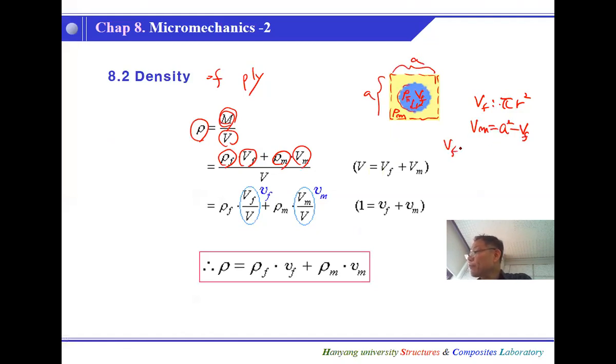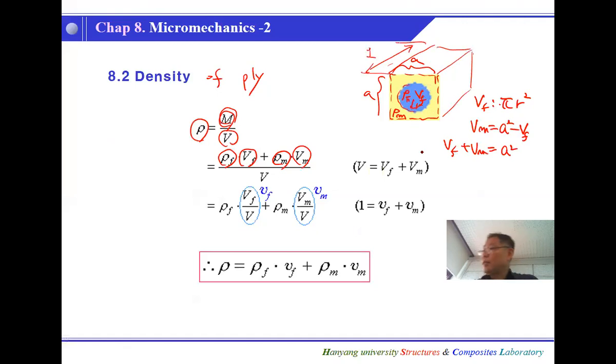So Vf plus Vm is simply A squared, the total cross section. Of course, in the Z direction we just consider unit length.